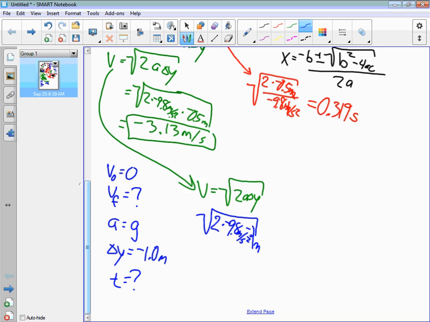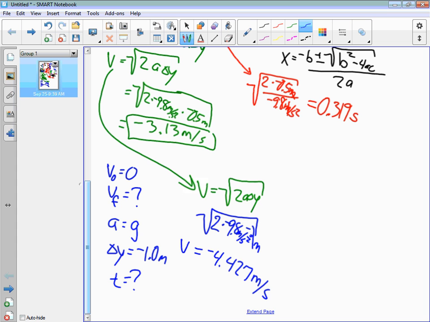What do we get? 4.427 meters per second. That's way too many digits, but I would like that many digits for right now.